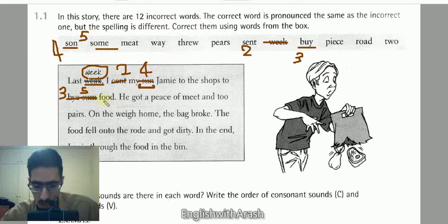Okay. He got a piece of meat and 2 pears. What? So can you help me out here?